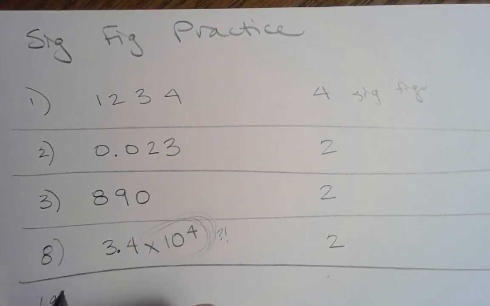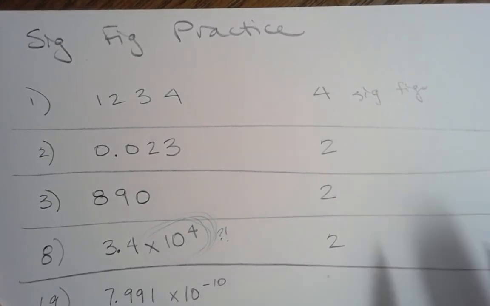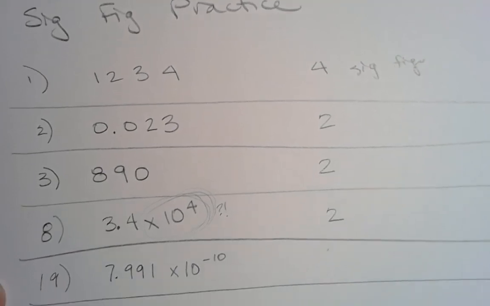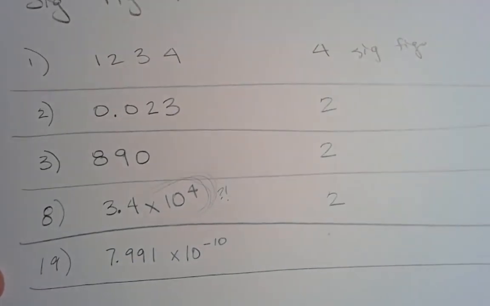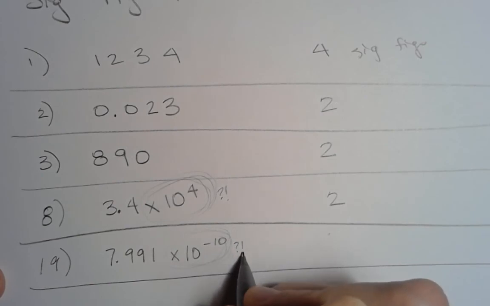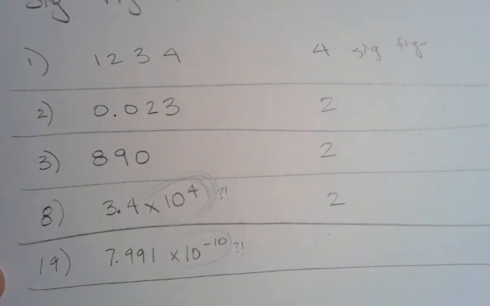Let's do number 19 as well, because I said I would, even though I'm gonna bet that by the time I write this, you might have scrolled there and been like, I got that. So here's another one with a times 10 to the something. Here the times 10 is to the negative 10. You're like, oh my gosh, now we've got negatives. Fine.